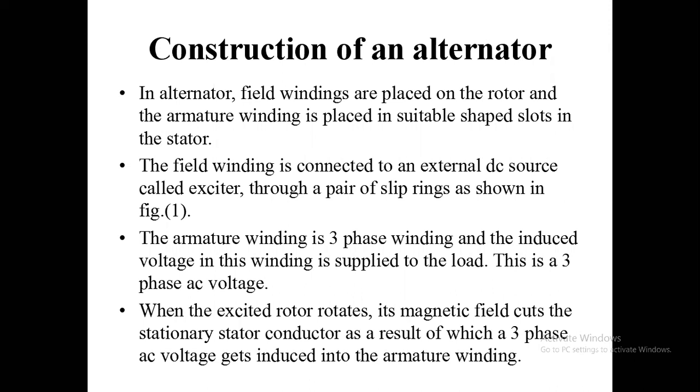You can see here, supply is given only to the field winding. The field winding is placed in the rotor, so that is going to rotate. When current flows in the field winding, a flux is generated around its coils, and as the rotor rotates it creates a rotating magnetic field.